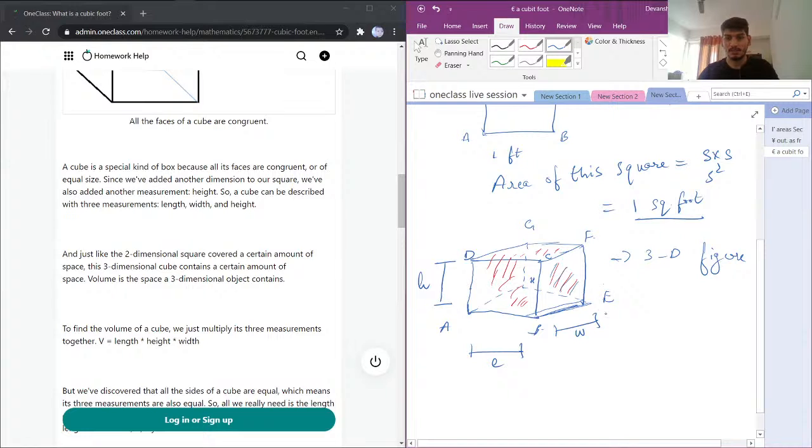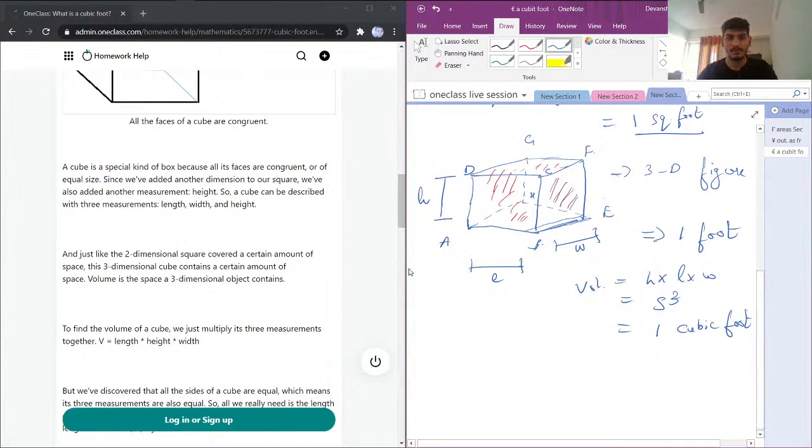As it is a cube, all these sides will be equal to 1 foot, and the volume will be height into length into width, which is basically side cube, not side square, and this will be 1 cubic foot.